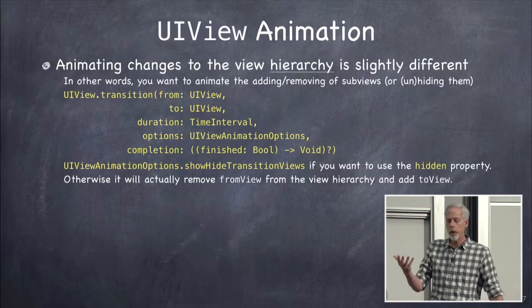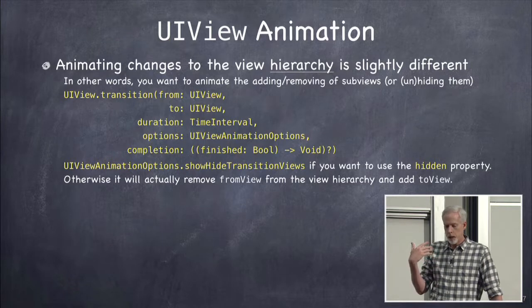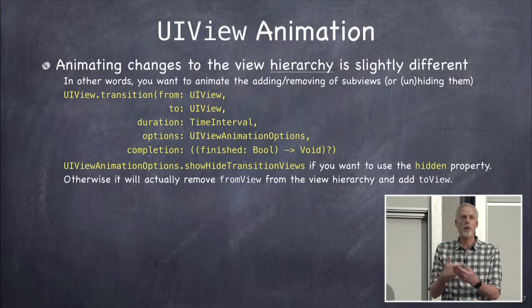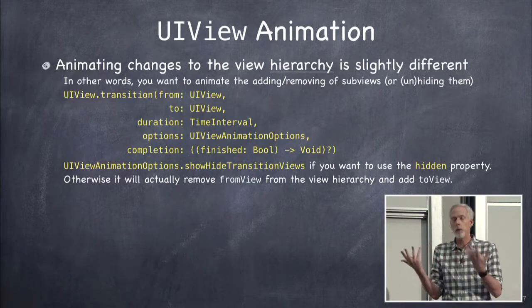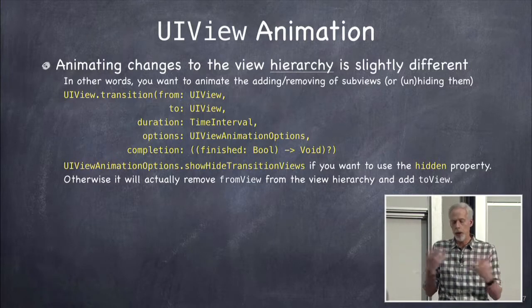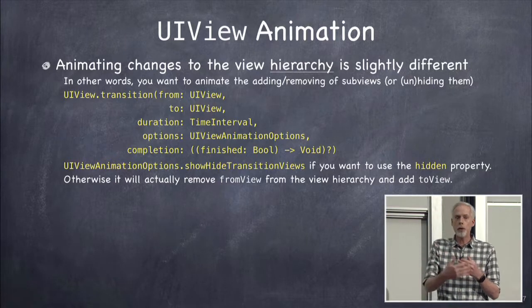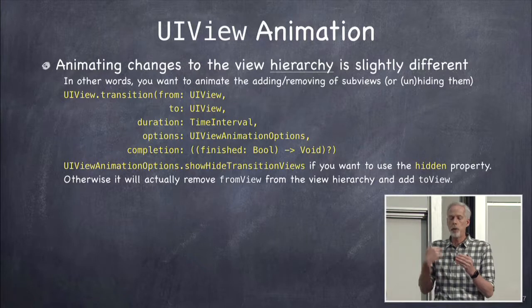And with this animation, you notice that there's no animation block, because implicitly what you're doing is replacing the one view with the other, going from one view to another. So you've got the new view all set up the way you want, presumably, and you've got the old view, and you just transition across. Now, sometimes you don't want to actually remove these from the hierarchy, you just want to show and hide them.